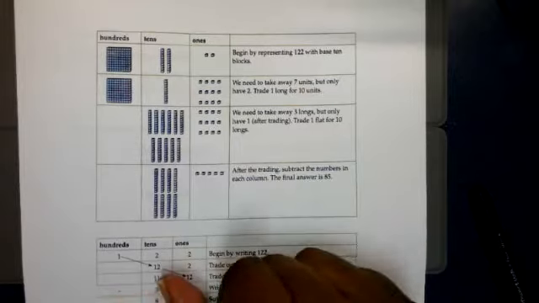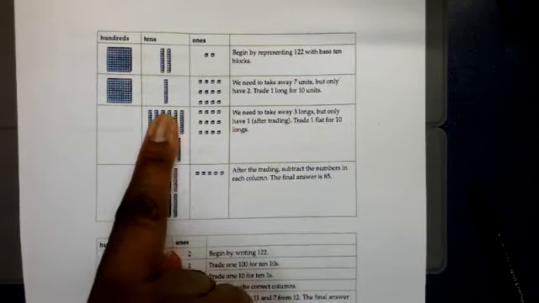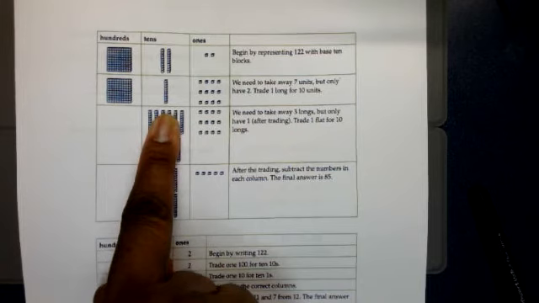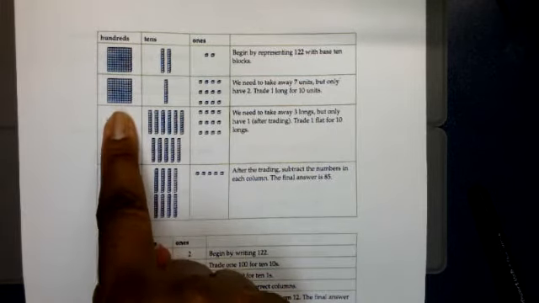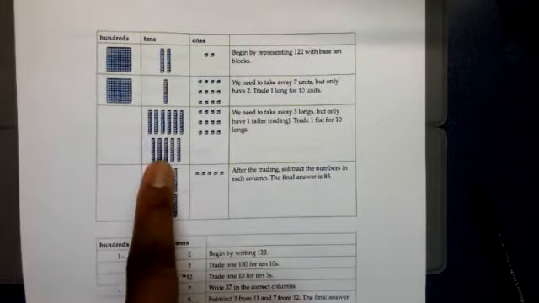Okay, and now we need to take away 3 longs, but you only have 1 long left after you trade it. So now we're going to take that 1 flat and exchange it for 10 longs, because 10 longs make up a flat. So we trade the 1 flat for 10 longs here.